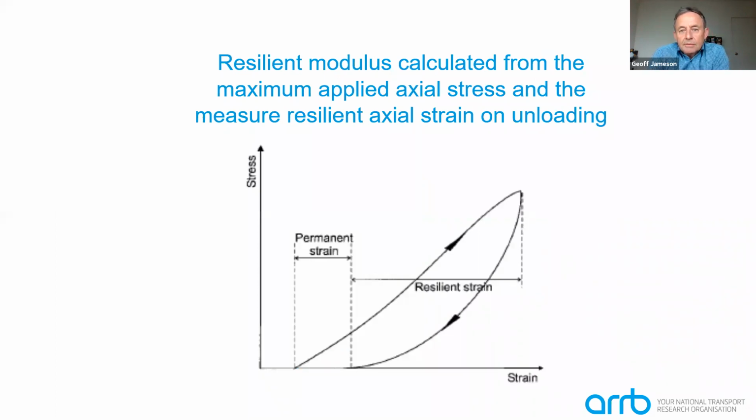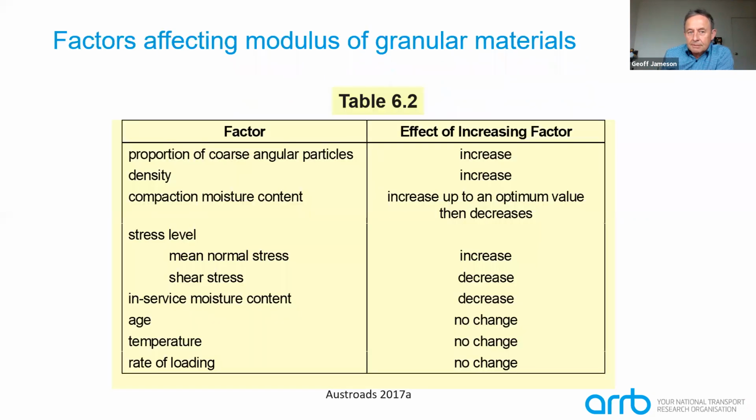You calculate that from the applied axial stress and also the measured resilient axial strain on unloading. So it's a resilient modulus value that we measure in that test, and it is used in defining the design modulus.